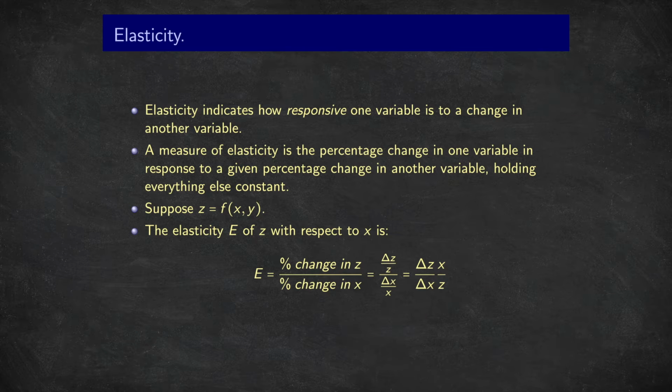If we multiply that by 100, we get the percentage change. The same for x as well. So for instance, if we say the elasticity of z with respect to x is equal to 3, then what we mean is a 1% change in the variable x causes a 3% change in the variable z.